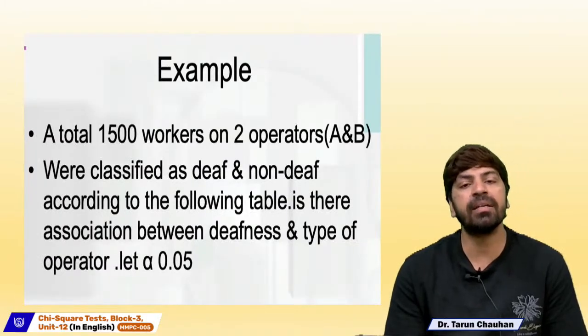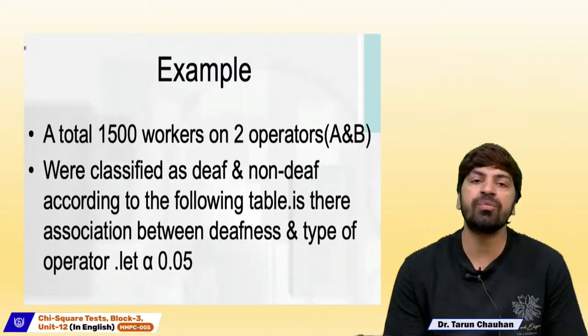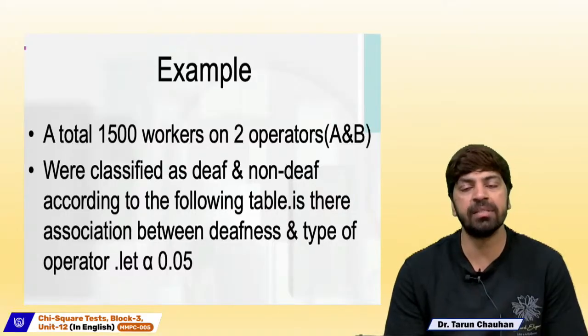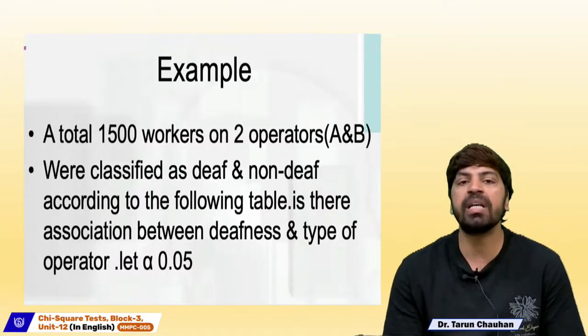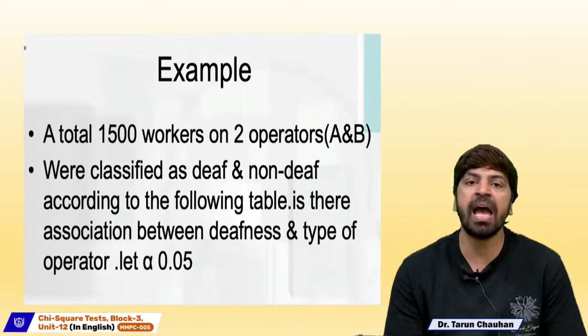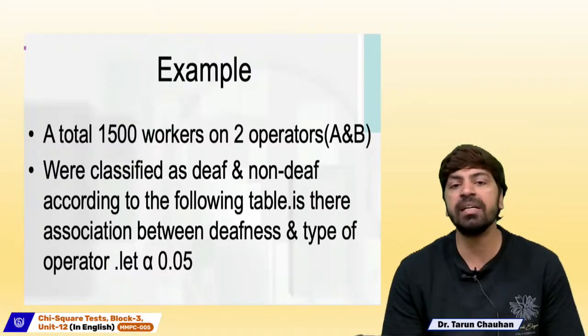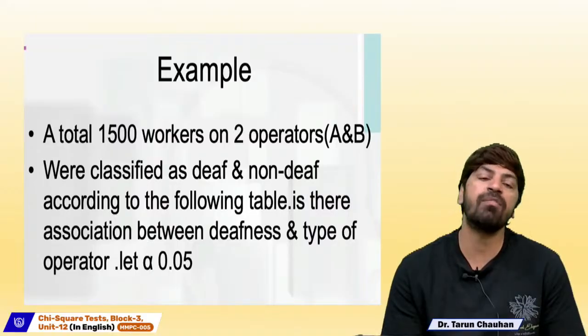Let's take another example of the chi-square test. For example, a total of 1500 workers on two operators A and B were classified as deaf and non-deaf according to the following table, and we need to find out whether there is any association between deafness and the type of operator.